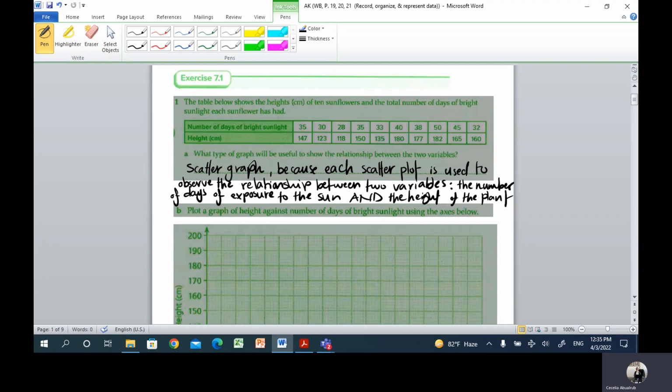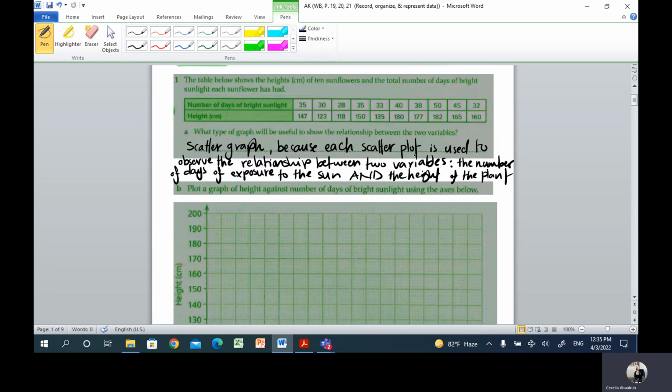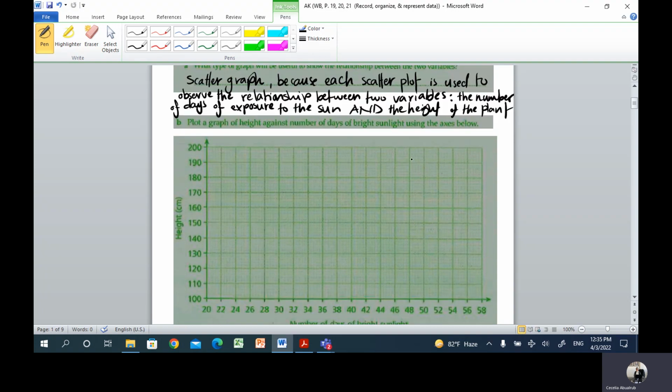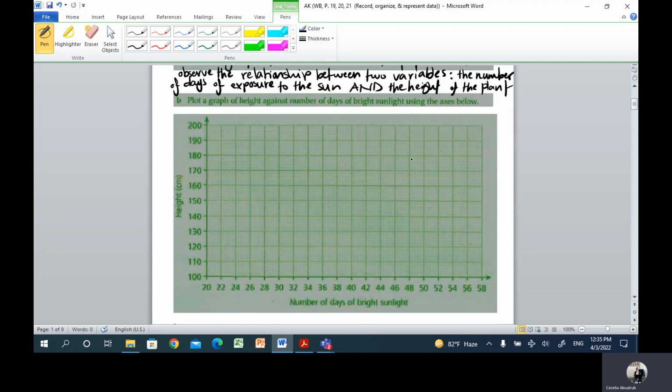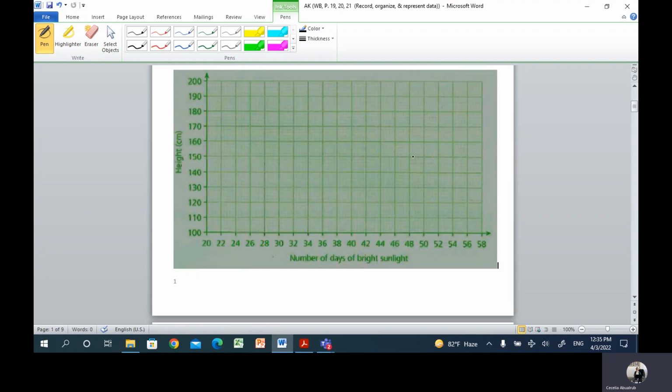And how do we represent the given data on this coordinate grid? We actually just plot the points, such as, let me give an example here, 35 and 147. 35 represents the number of days. So we will go here and look for 35. It's going to be between 34 and 36.